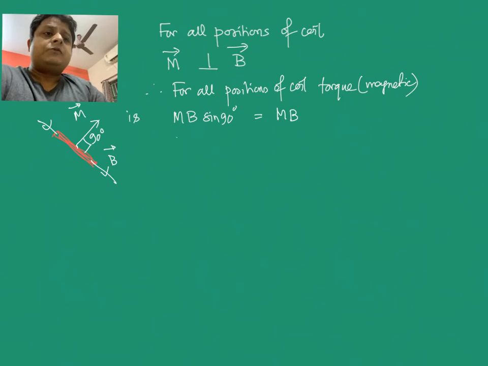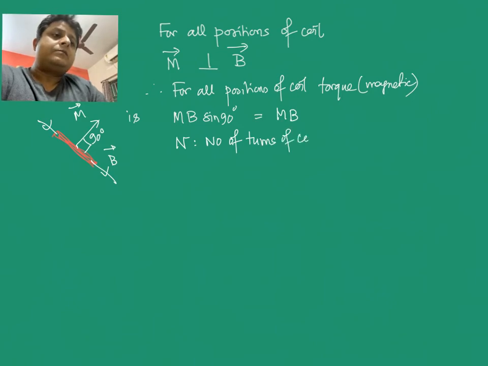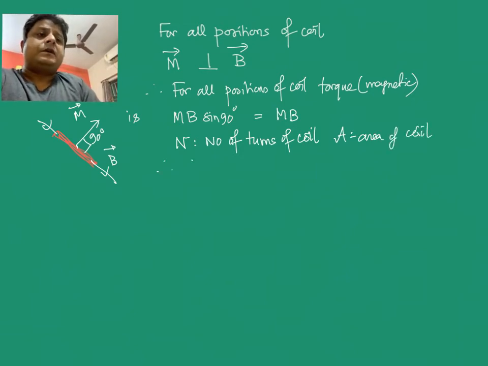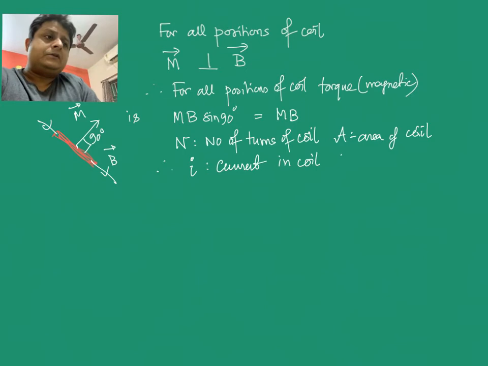Now suppose N is the number of turns of the coil, and A is the area of the coil, and say I is the current in the coil. Therefore the magnetic moment is equal to NiA.